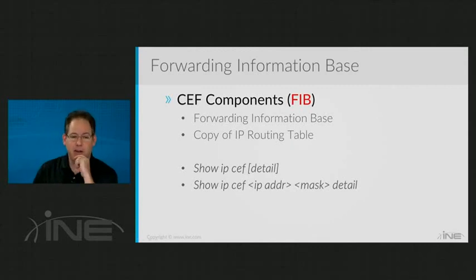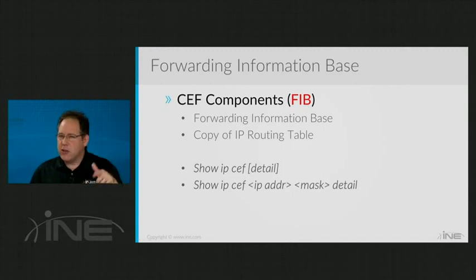Let's think about this for a second. When a packet comes into the router and needs to be routed to an outbound subnet and an outbound interface, there's certainly stuff in the routing table that's critical to do that, such as the prefix, the mask, and the outgoing interface or the next hop.